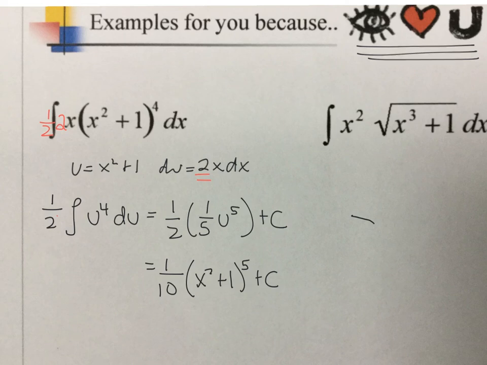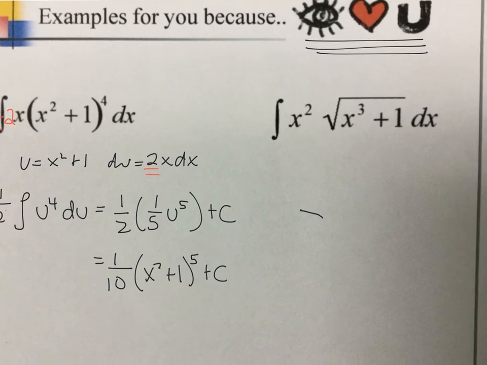And now our next one, let's come over this way. Okay, so our next one here, my u is equal to x cubed plus 1, and my du should be 3x squared. So again, I'm missing that 3.